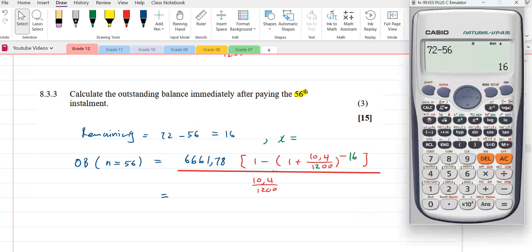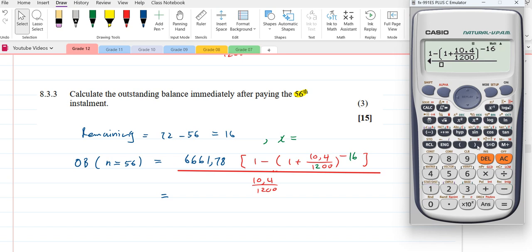Let's work it out on the calculator. Fraction, 6,661.78 into 1 minus (1 plus 10.4 over 1200) to the power negative 16.